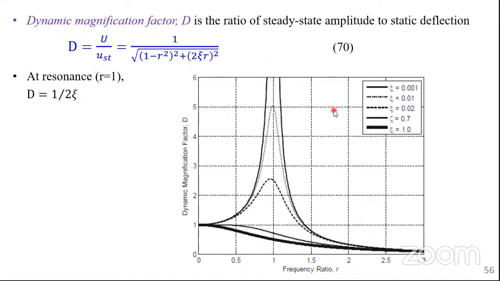That's why we talk of resonance. Resonance occurs at R equals 1. You see resonance occurring here. It's like the amplitude is too great, almost infinite. Of course, this may lead to total collapse of our structure.